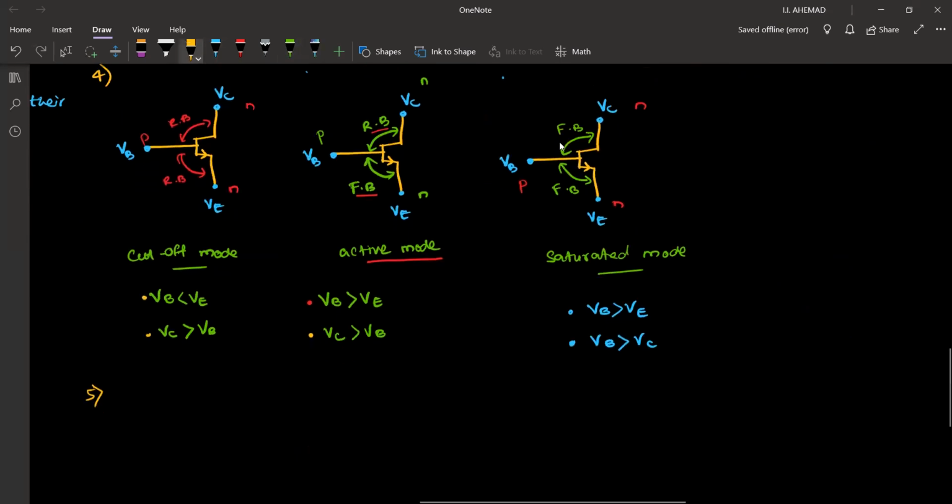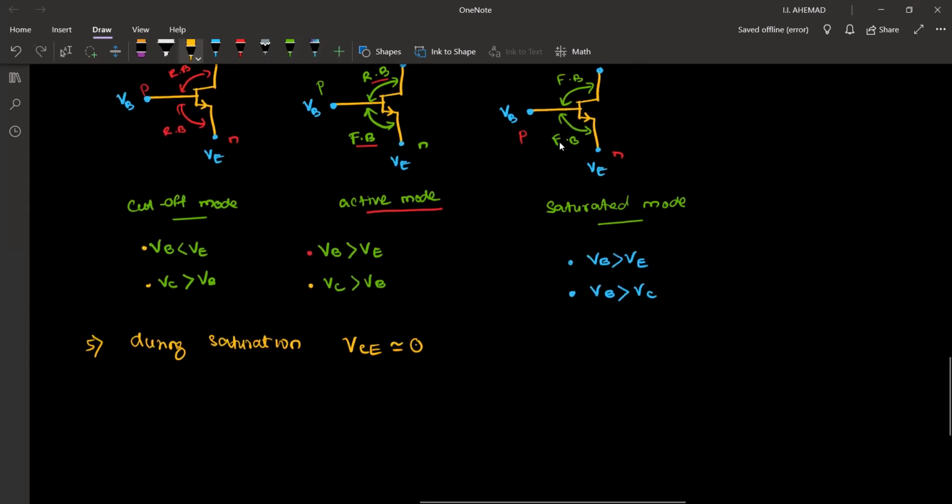Fifth one. During saturation, VCE is almost equal to 0 and IC is less than beta times IB.